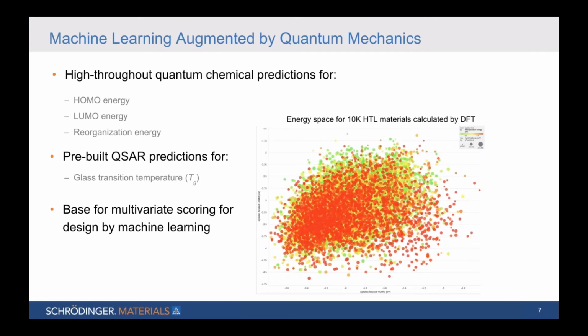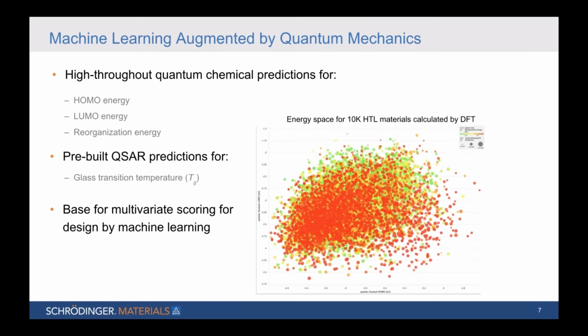So in this case, the green color is lower hole reorganization energy, below 0.2 eV, and the red color is showing higher hole reorganization energy, above 0.4, and orange and yellow are somewhere in between.